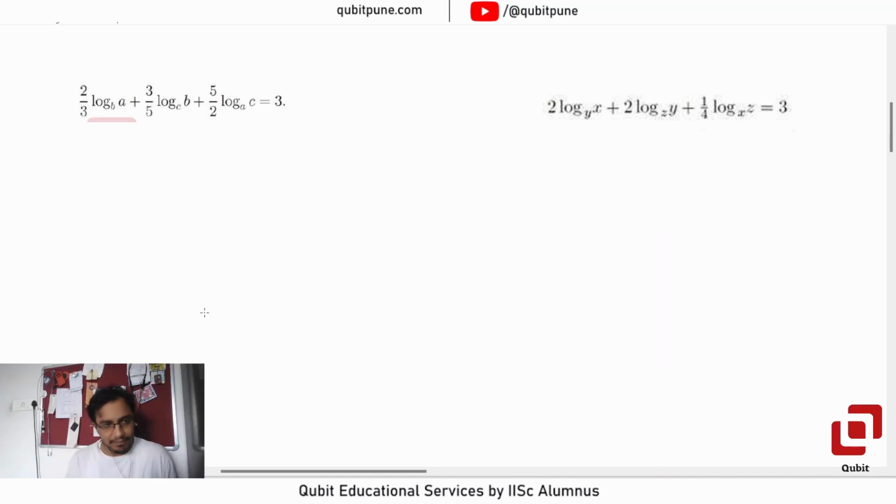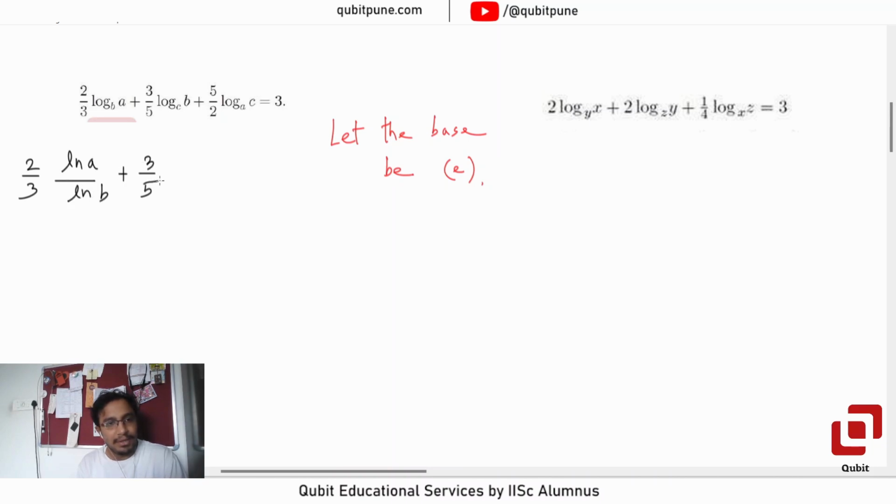First of all, I would like to change the base, so let the base be e. So what will we get here? We will get 2 by 3 ln a by ln b plus 3 by 5 ln b by ln c plus 5 by 2 ln c by ln a equals 3.